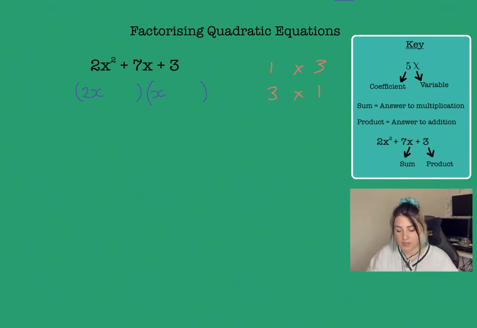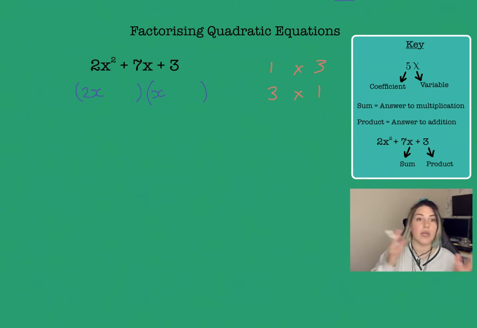Now, you might notice that I haven't mentioned 7x at all. It's because when we're factorising with this type of equation, where we're working with coefficients with that x squared at the beginning, your numbers that are multiplied together to create that 3 do not add up to make 7. I know it's very frustrating. So again, it's a little bit of trial and error. In this case, we've got some relatively simple numbers to work with, so if we make one mistake, we know it's going to be the other.